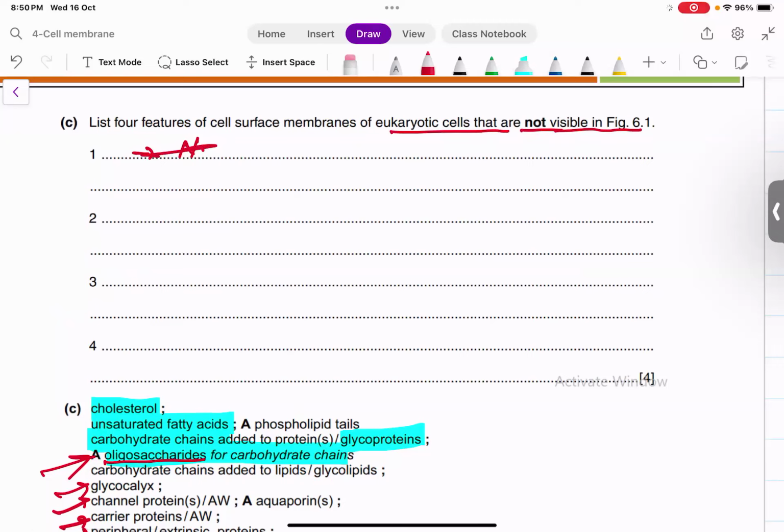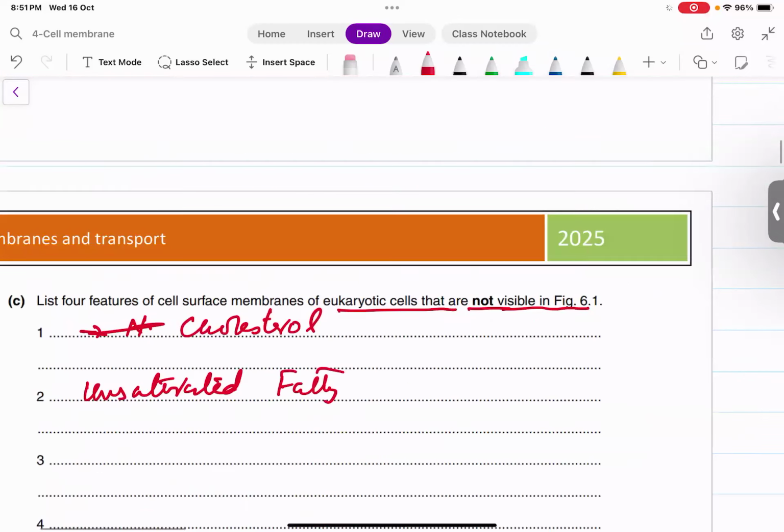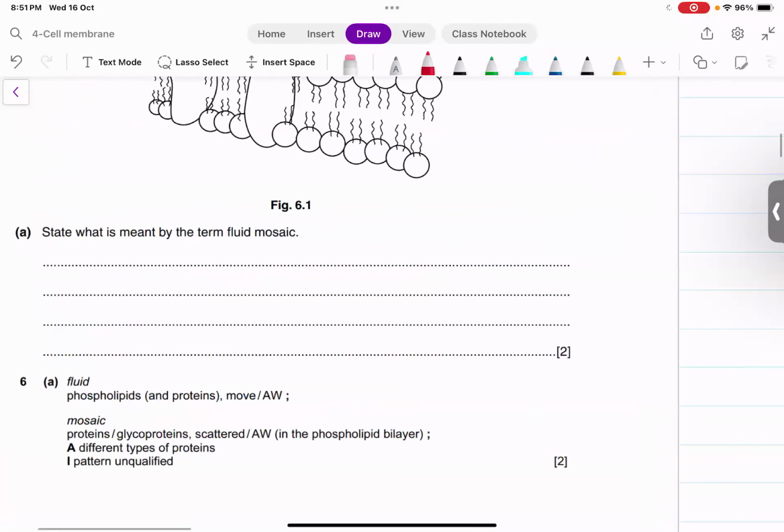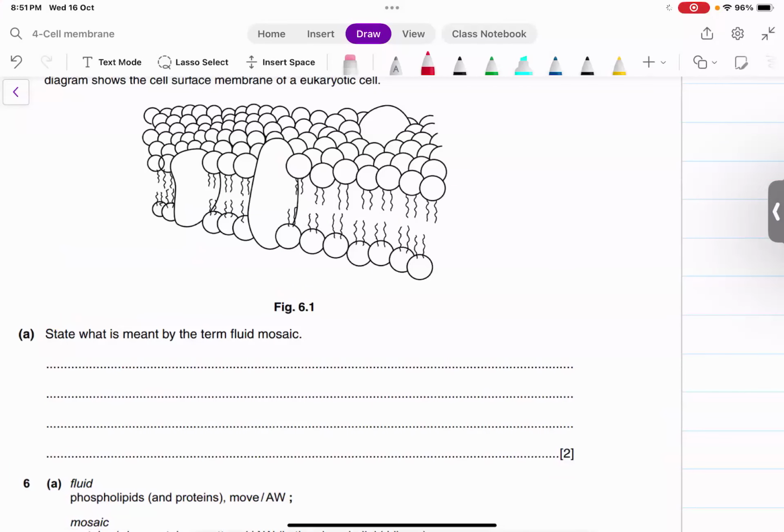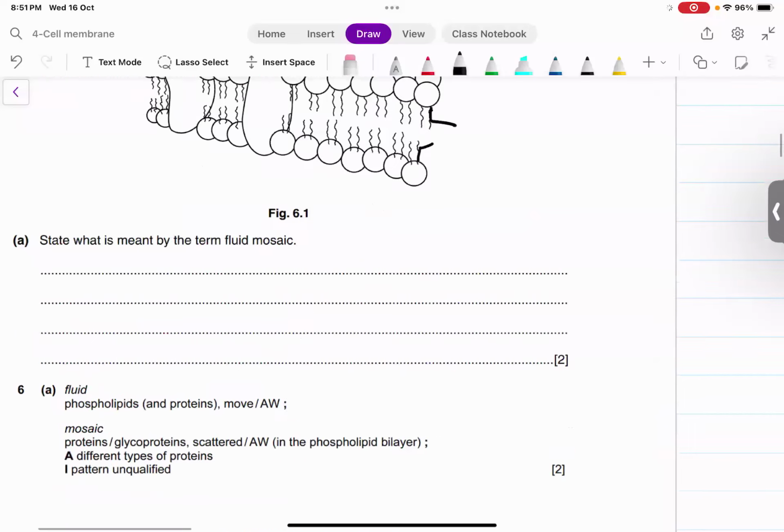So it is cholesterol, it is not visible. Then there are unsaturated fatty acids found in them, which are also not visible in this. If there had been unsaturated fatty acids, somewhere in these fatty tails there should have been a kink or bend shown. But they are all straight.